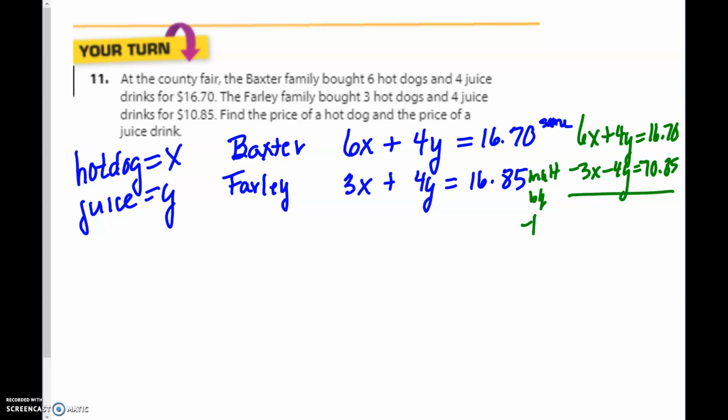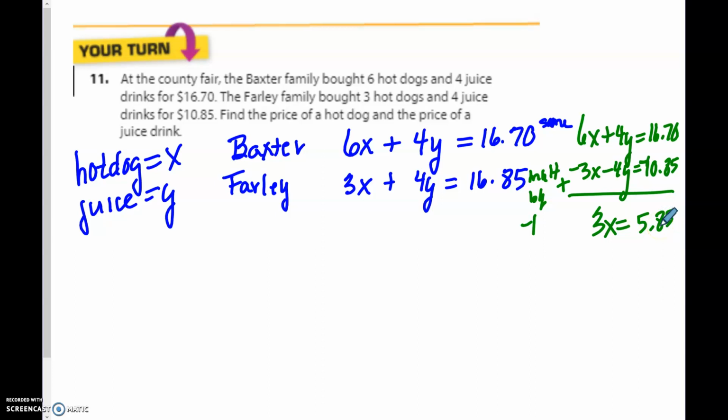All right, now when I add these two equations together, I get 6x minus 3x is 3x. And then 4y minus 4y, those are going to cancel out. So $16.70 minus $10.85, that's what it's supposed to be, is going to leave me with $5.85.